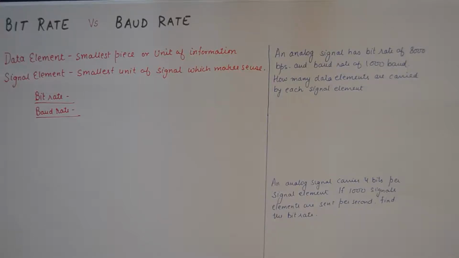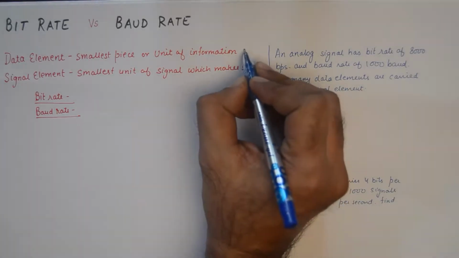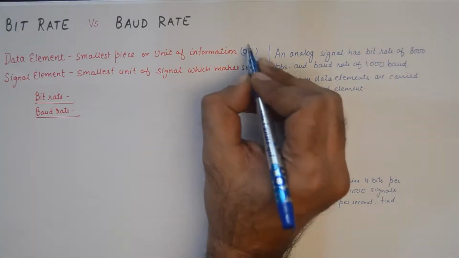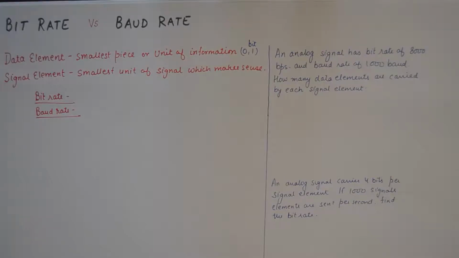Now, when we talk about bit rate and baud rate, we need to understand two key terms. The first key term is data element. In digital communication, when we send data in terms of ones and zeros, the smallest piece or unit of information is a 0 or a 1. So a data element essentially consists of zeros and ones, which is known as a bit. Any meaningful symbol, any meaningful signal will be constituted of bits.